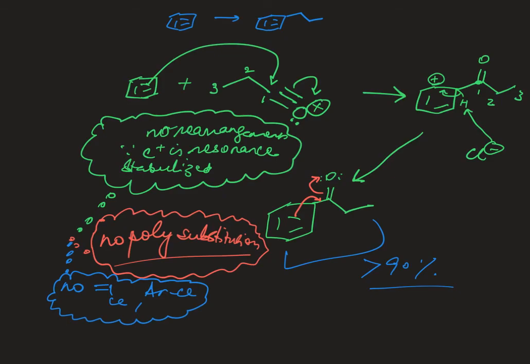We can subject this ketone to a reduction reaction, just the basic hydrogen palladium reduction reaction that you learned in Organic 1. This benzylic position is super reactive, and that can give you the propylbenzene, which is also a very high yielding reaction.